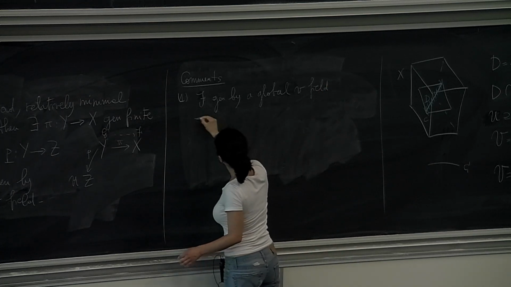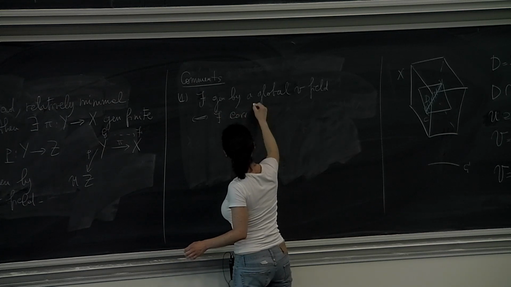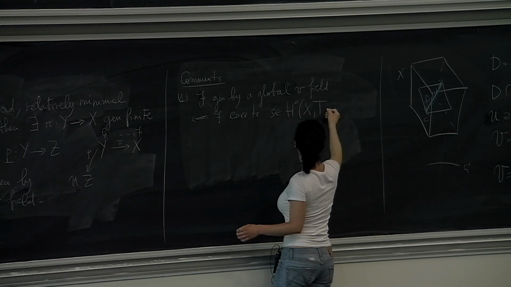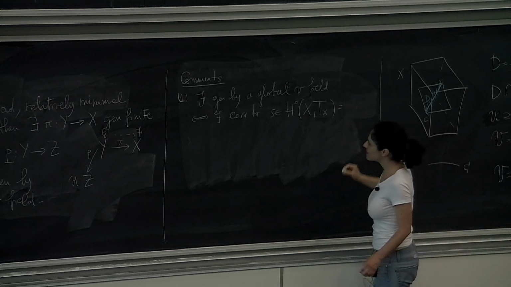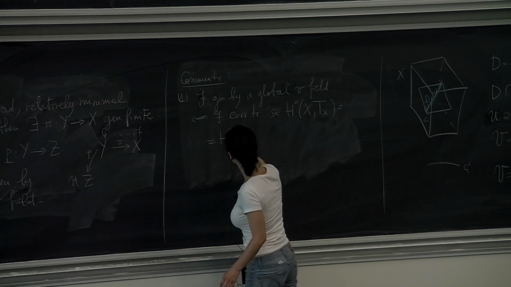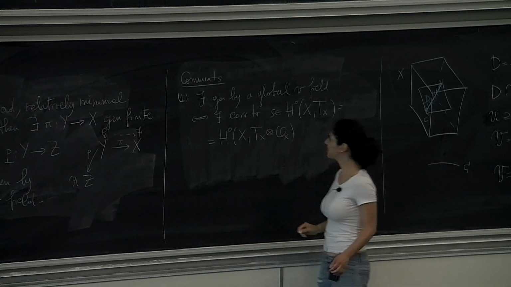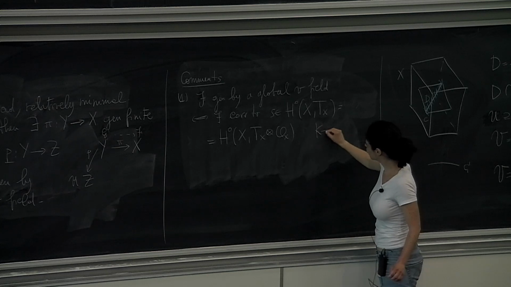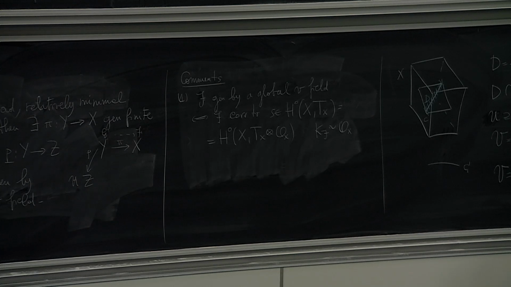So a foliation generated by a global vector field corresponds to a global vector field, a global section of the tangent bundle. And well, maybe this is a little pedantic, but TX is isomorphic to TX tensor OX. So the canonical of the foliation is trivial in this case.